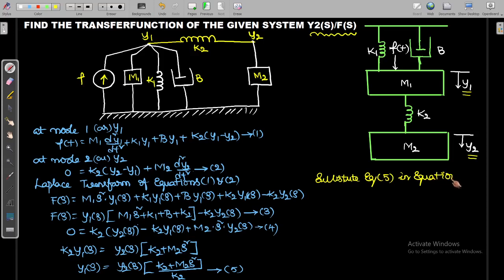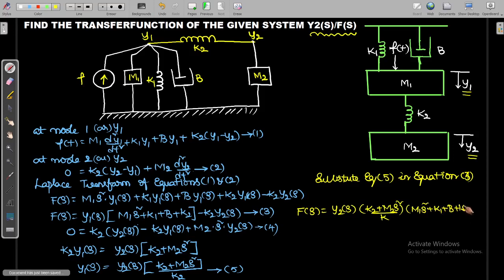If you substitute equation 5 in equation number 3, what you are going to get is f of s equal to, in place of y1 of s, y2 of s into k2 plus m2 s square divided by k2, into m1 s square plus k1 plus b plus k2, minus k2 into y2 of s.